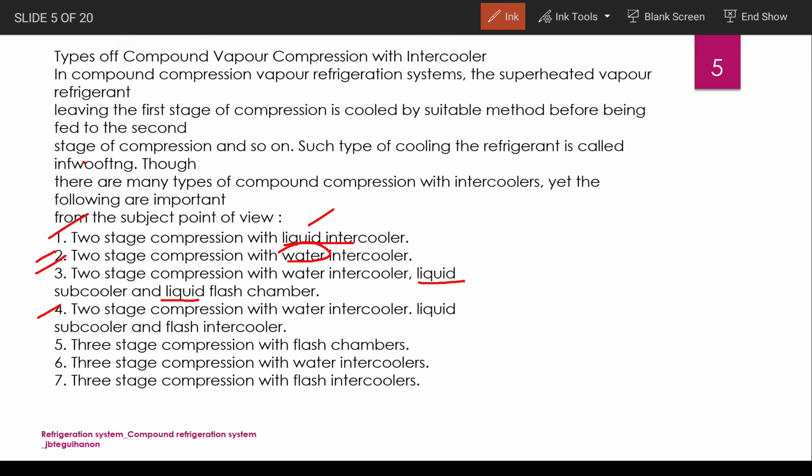Not chamber, now it is flash intercooler. Number five, three-stage compression with flash chamber. Number six, three-stage compression with water intercoolers. And number seven, three-stage compression with flash intercoolers.